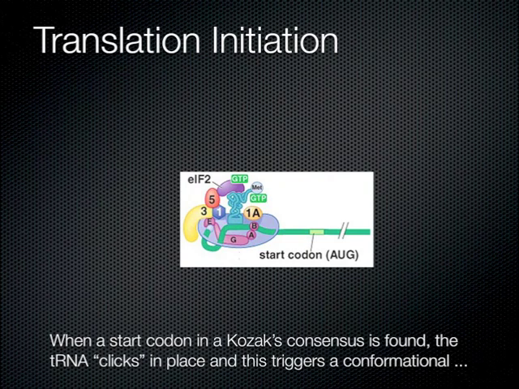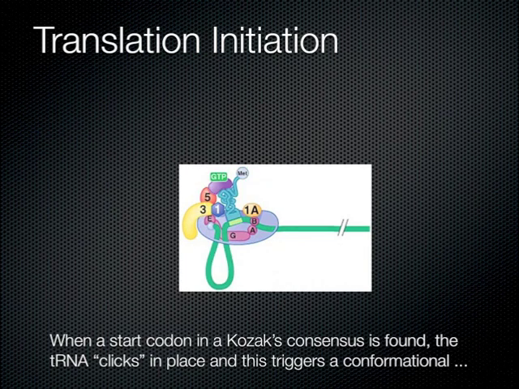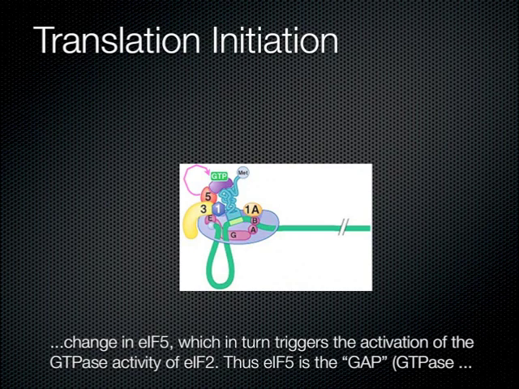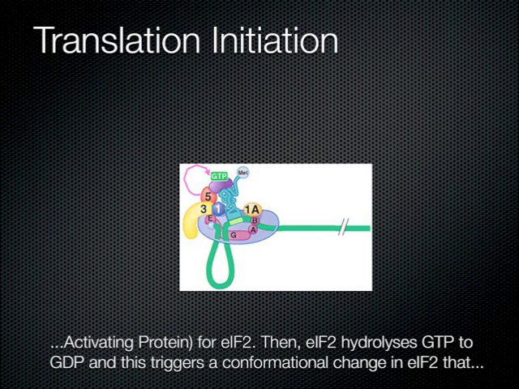When a start codon in a Kozak consensus is found, the tRNA clicks in place, and this triggers a conformational change in EIF5, which in turn triggers the activation of the GTPase activity of EIF2. Therefore, EIF5 is the GAP, that is, the GTPase activating protein for EIF2.